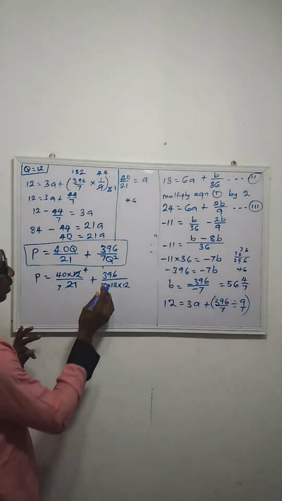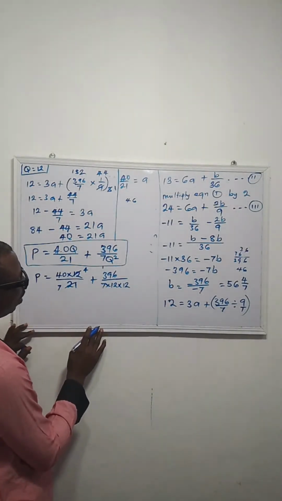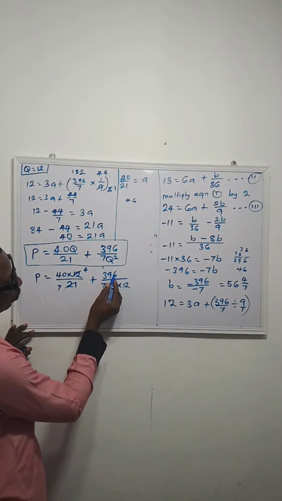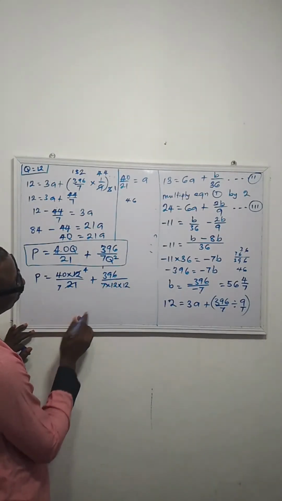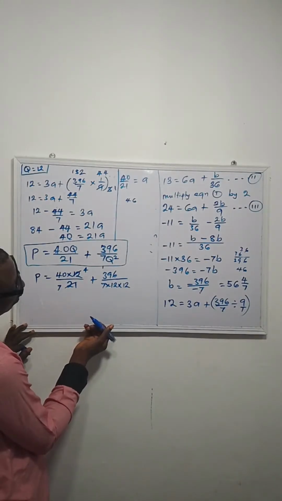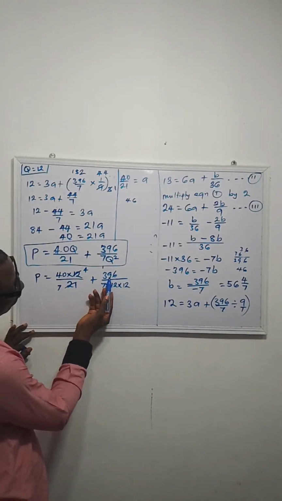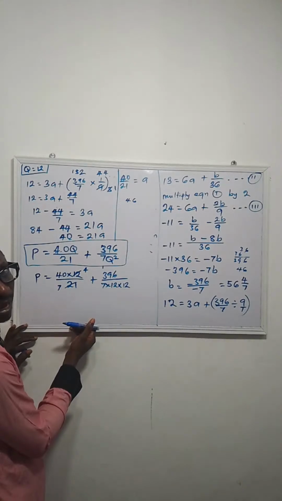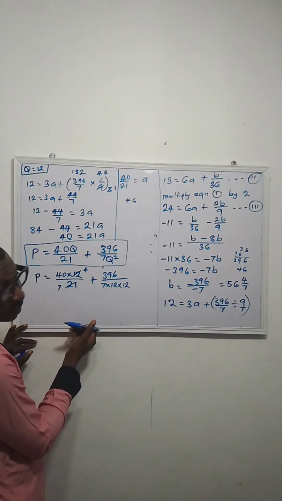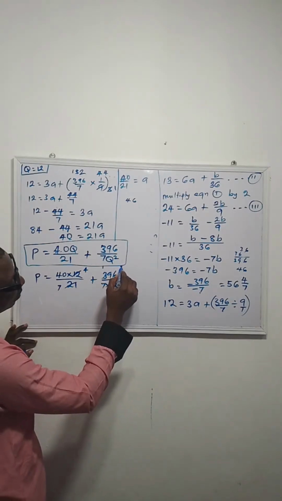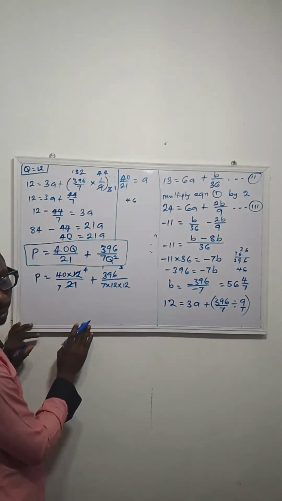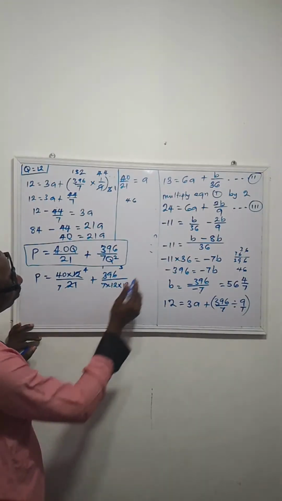Now I think 12 should completely go into this. Let's see how many 12 you are going to see in 39. We are going to see 3.